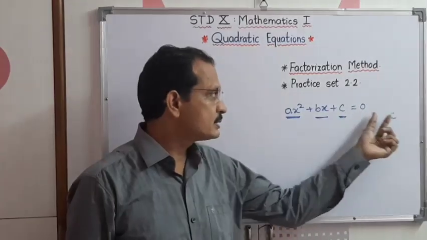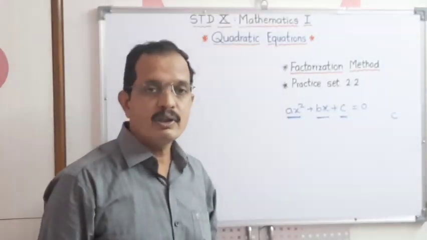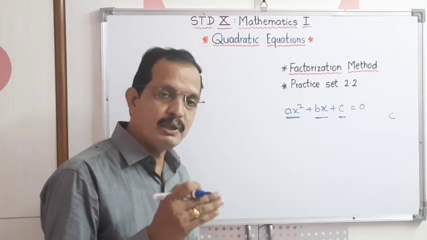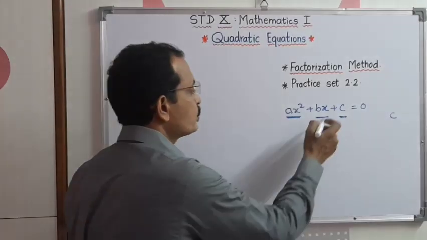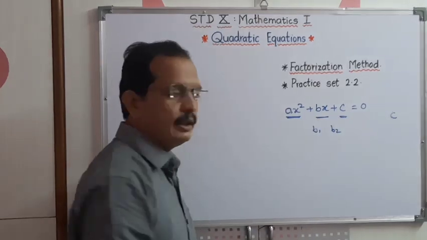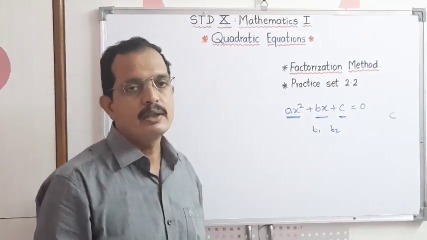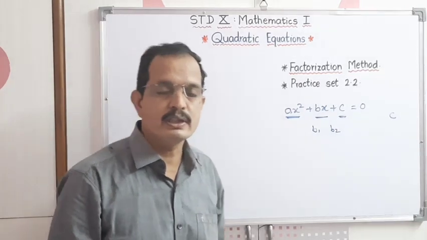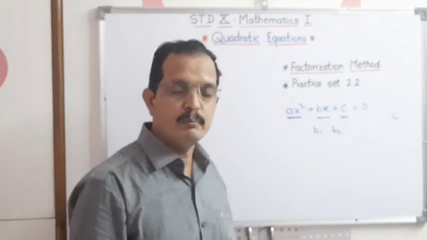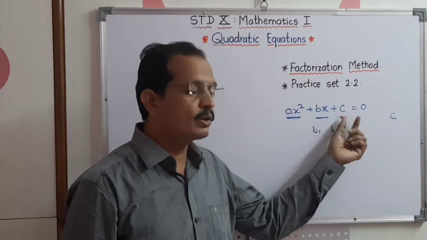Because of these factors, the middle term gets split into two parts. Suppose I take the parts b1 and b2. Then the middle term is split into two parts. Therefore this method is also known as splitting of the middle term.